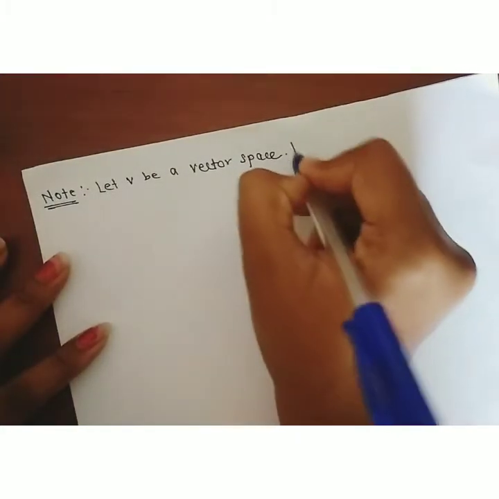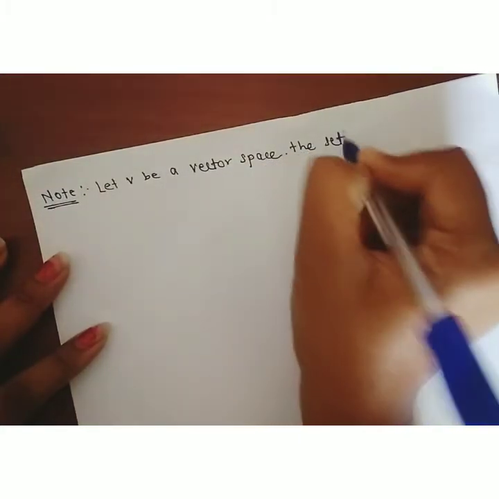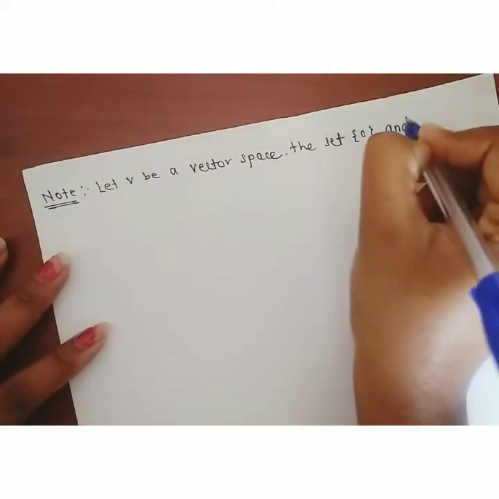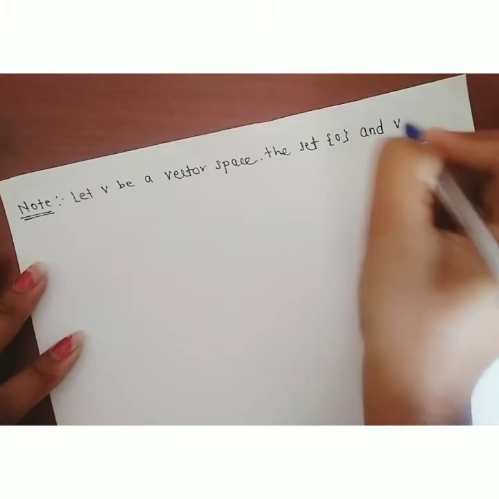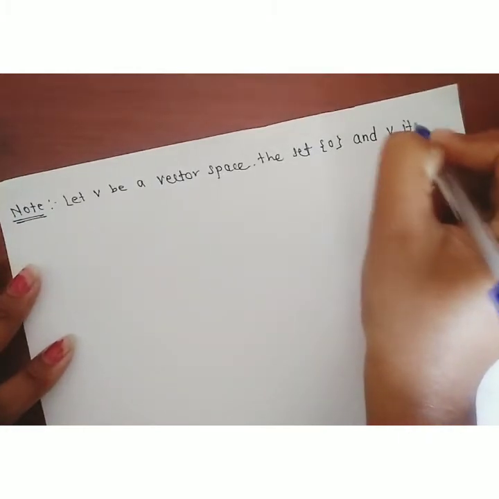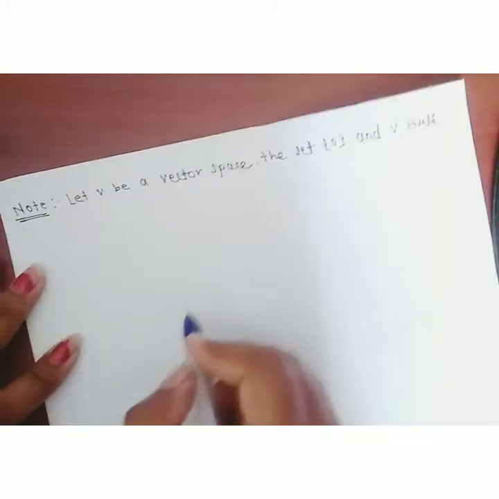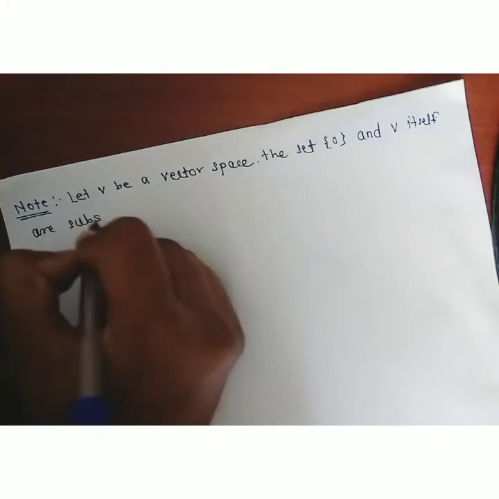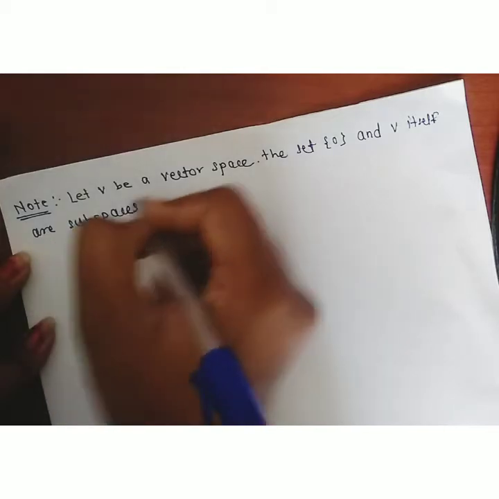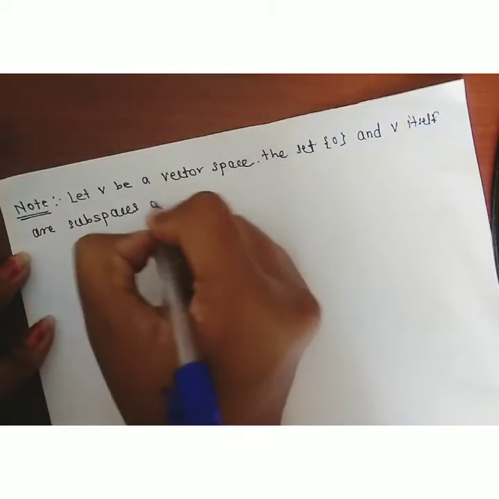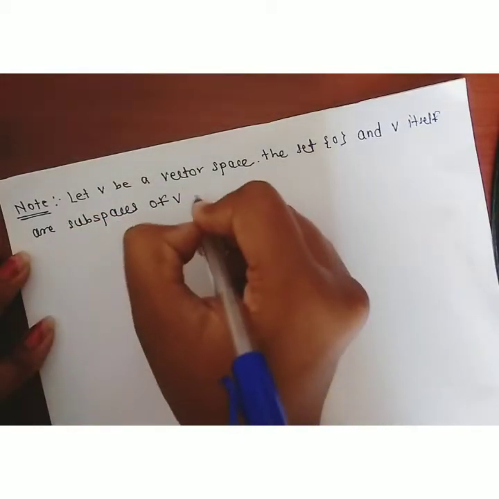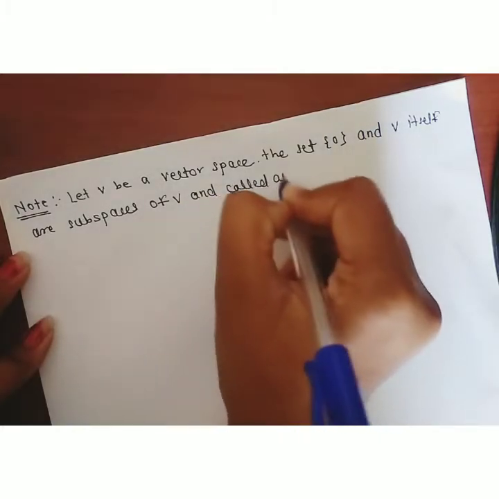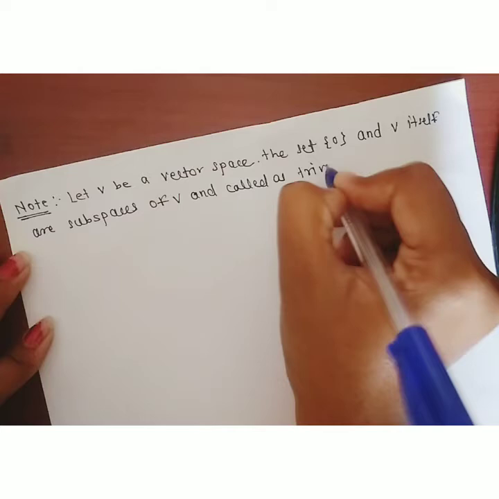The set {0} and V itself are subspaces of V and are called trivial subspaces.